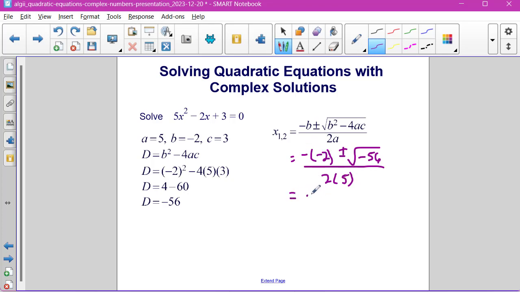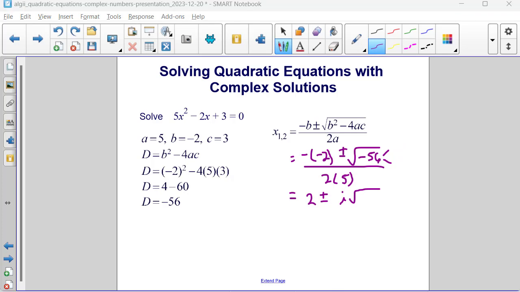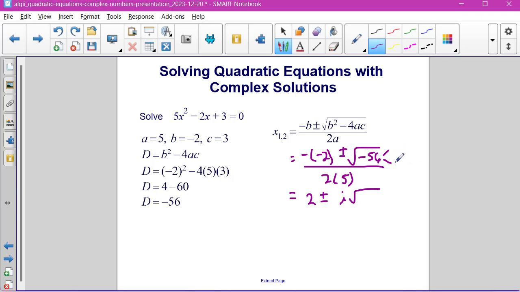So then we're going to have positive 2 plus or minus, there's an i that we can bring out, and also 56 in and of itself can be factored. And the perfect square that divides into 56 nicely is 4, and it goes in 14 times. So we're going to have a 2 that can also come out because the square root of 4 is 2, and we're left with 14 inside of the radical, and then all over 10.